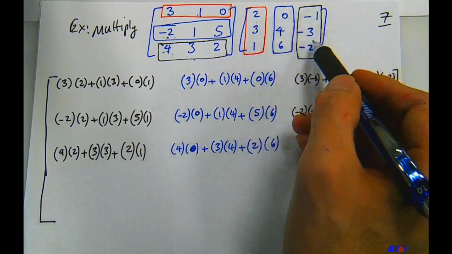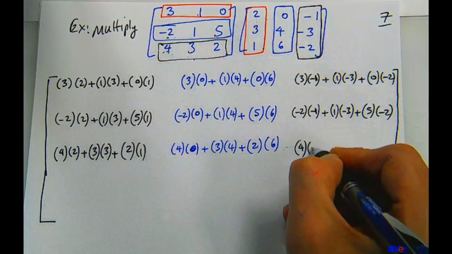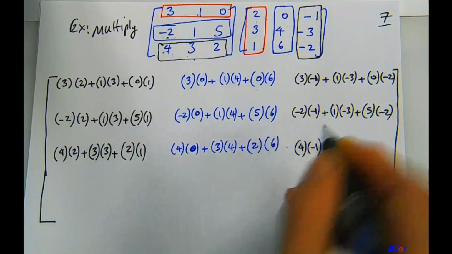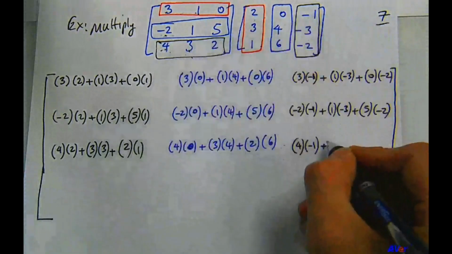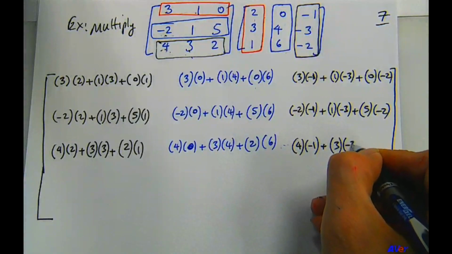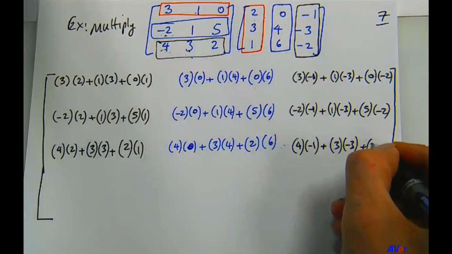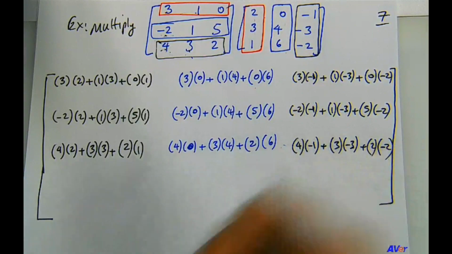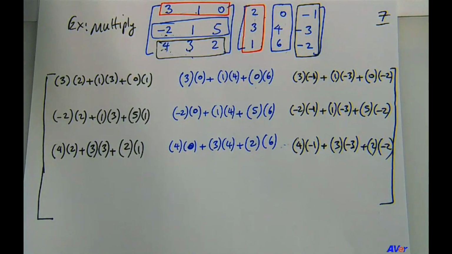And now the third and last column, 4 times negative 1, 3 times negative 3, and 2 times negative 2, like that. Okay, so now all we have to do is do the arithmetic.